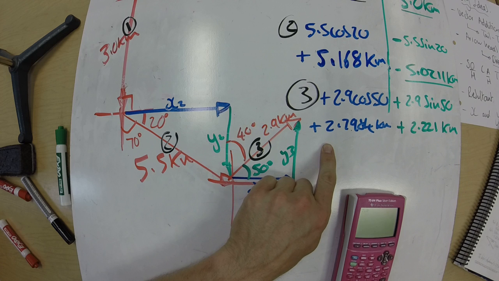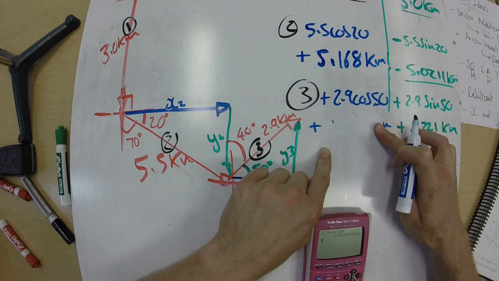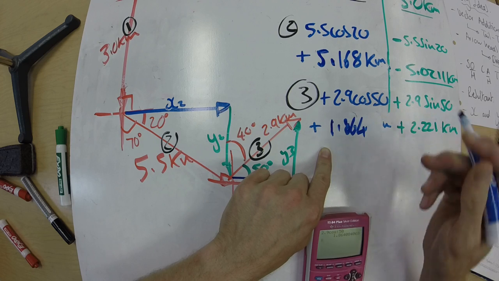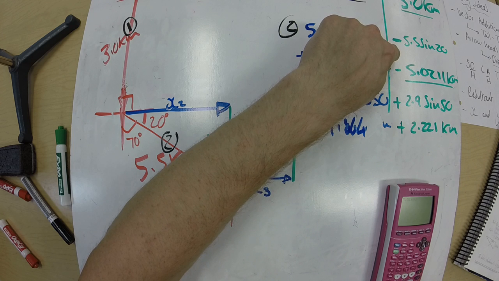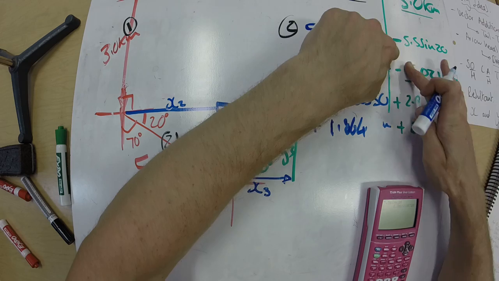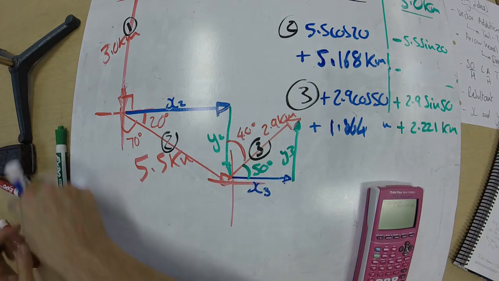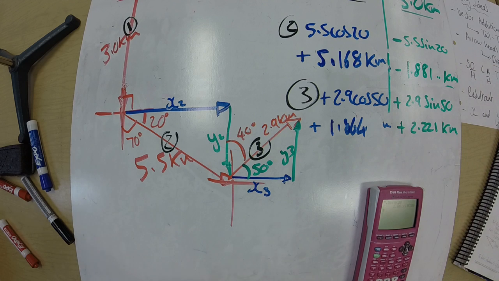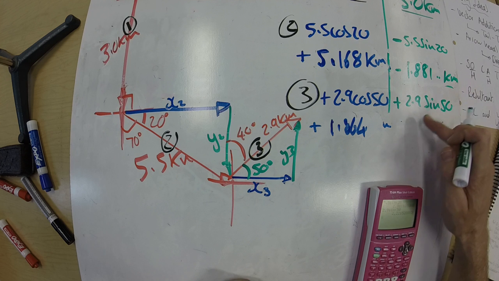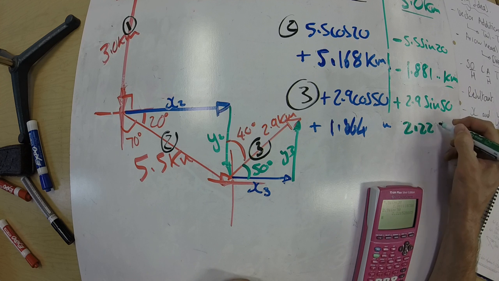This one, 2.9 cosine 50, 1.864, and then up here 5.5 sine 20, 1.88, these are all kilometers, and then lastly 2.9 sine 50, 2.221.